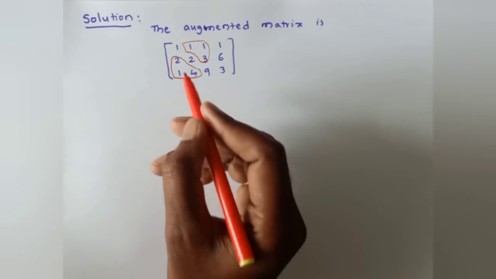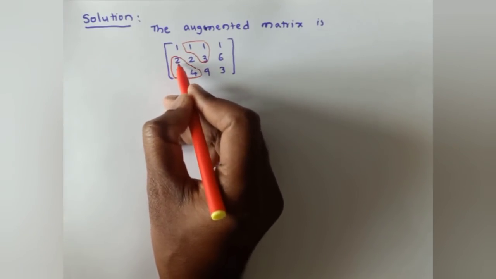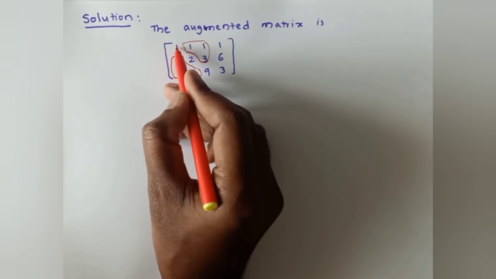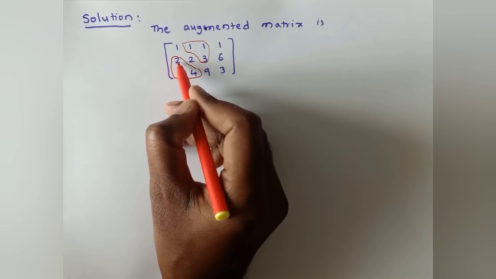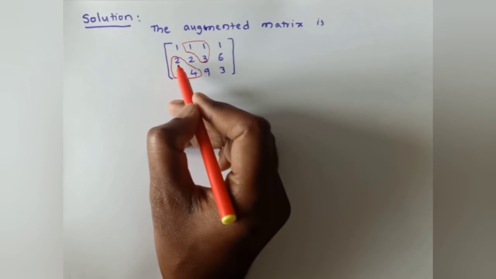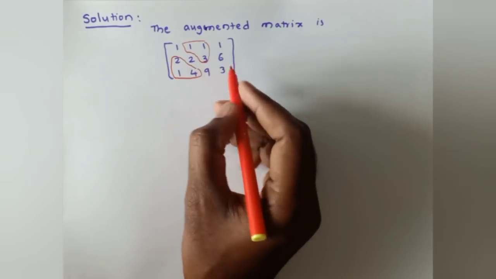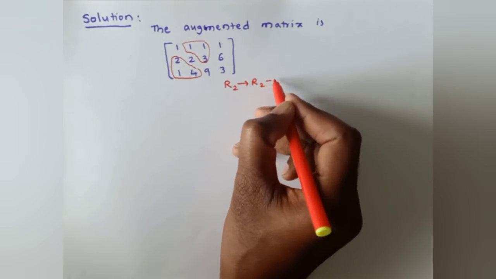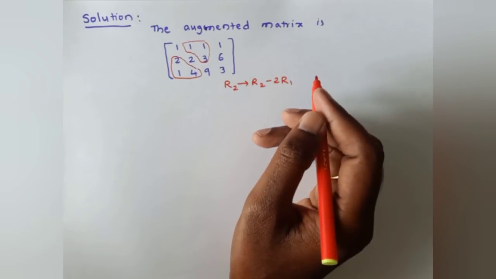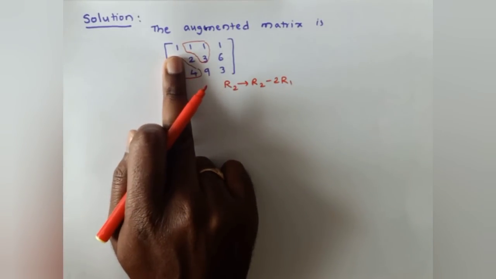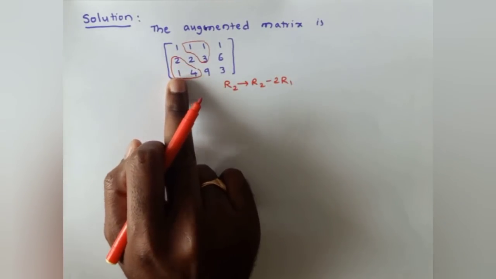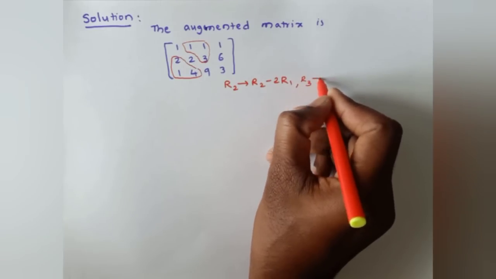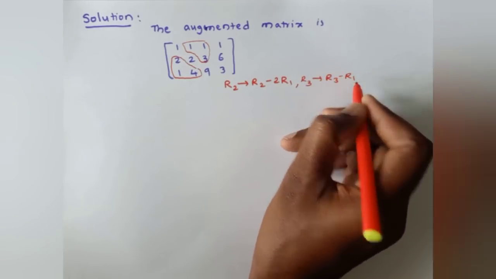First try to make the first column elements 0. The first entry is already 1, so by using this 1 we can make the others 0. Multiply the first row by 2 and subtract it from the second row, so the row operation is R2 minus 2 R1. Just concentrate on the first column elements. Then for the third row, R3 becomes R3 minus R1.